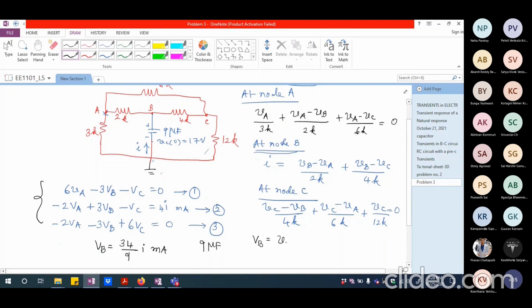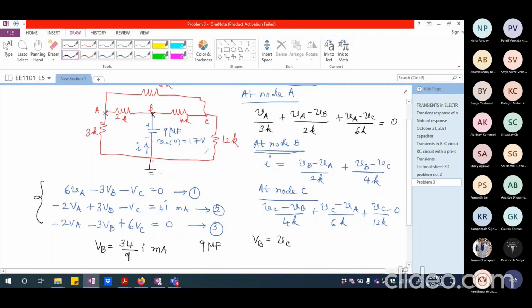VB is same as VC. I hope you understand. The node voltage VB is the same as the capacitance voltage itself.